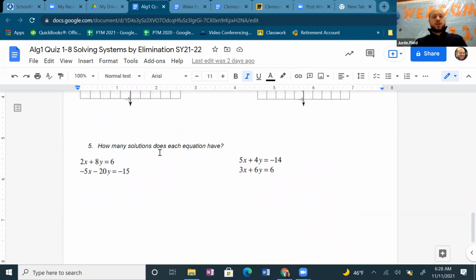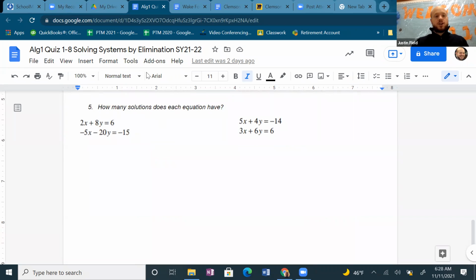How many solutions does the equation have? So you just have to solve this, but you might not have to go the whole way because you know that if something cancels, then there's going to be infinite or no solution.